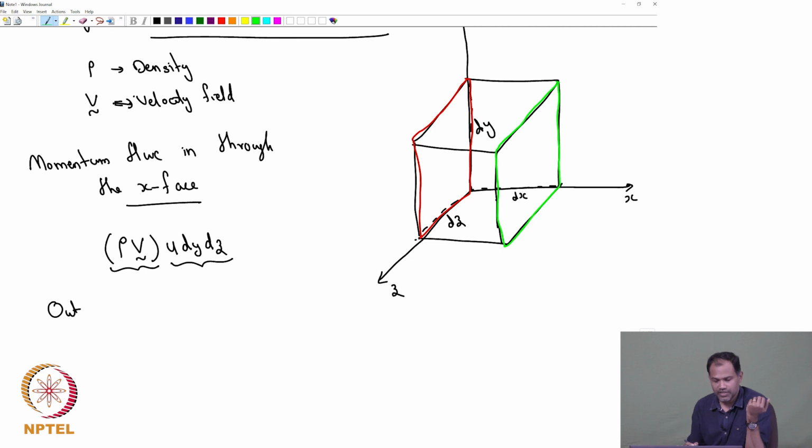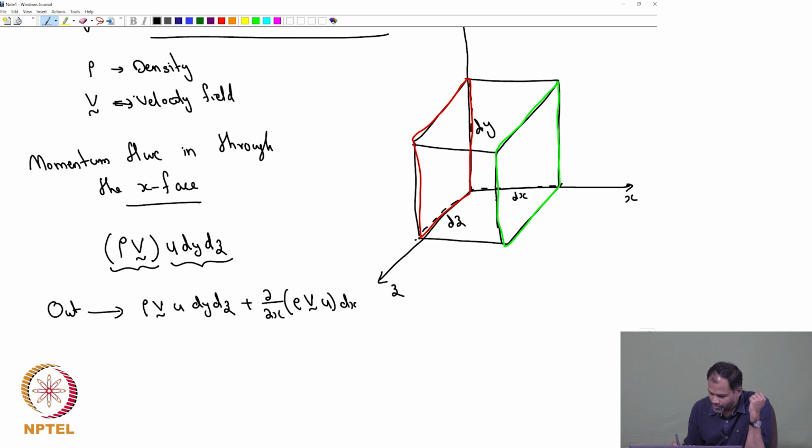Again we can use the Taylor series expansion and say that the out momentum is going to be rho v u times dy dz plus del by del x of rho v u times dx dy dz.